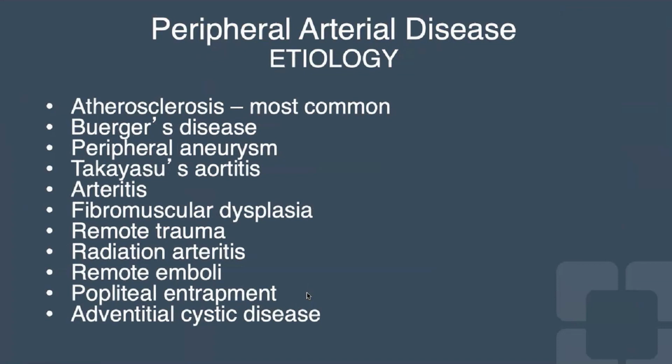There are other variants, which I would not have time to add to this 1 hour talk: Buerger's disease, peripheral aneurysms, Takayasu's aortitis, any arteritides, FMD (fibromuscular dysplasia), remote trauma, radiation arteritis, emboli from other places in the body, popliteal entrapment syndrome, and adventitial cystic disease. You may see the last two more commonly in younger people, and that's something to think about if a young person shows up with chronic or worsening claudication, to rule out those disease processes.